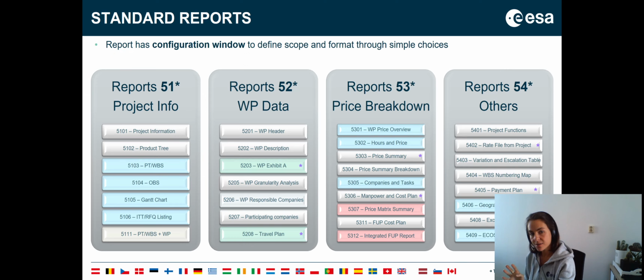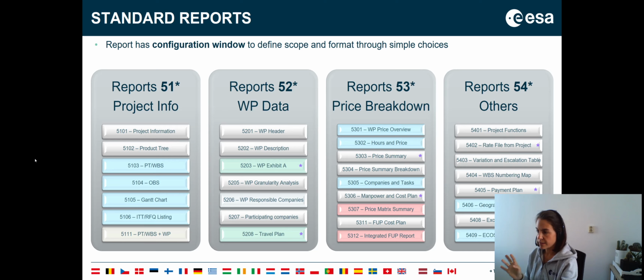Now the second type of reports that we can be producing from ECOS are the standard reports. So these reports are more specific to ECOS, and each of them will also have a configuration window that will allow you to define the scope and the format that you want to give to the forms that you will be building.